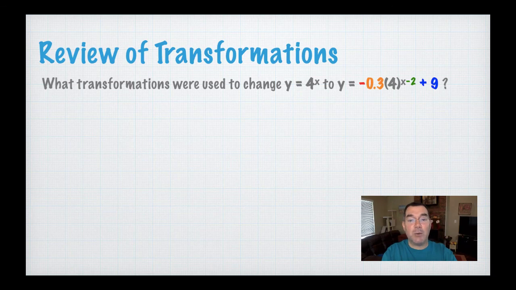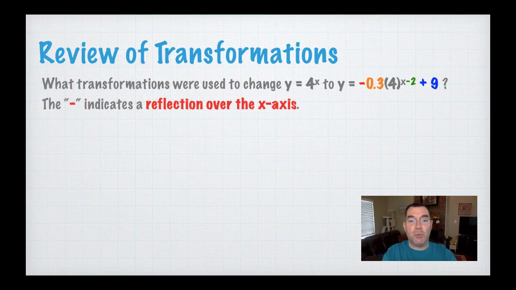All right, so here's one big example. If we had y equals 4 to the x, and we changed it to y equals negative 0.3 times 4 to the x minus 2 plus 9. What transformations took place? Well, let's go through them one at a time. The negative in front, because that didn't just happen to the x, that was out in front of the entire function, that was a reflection over the x-axis.